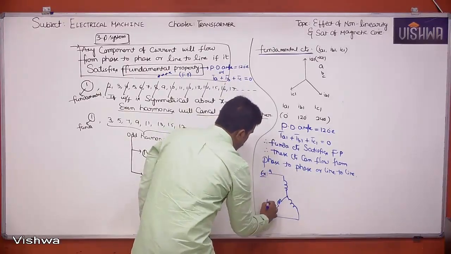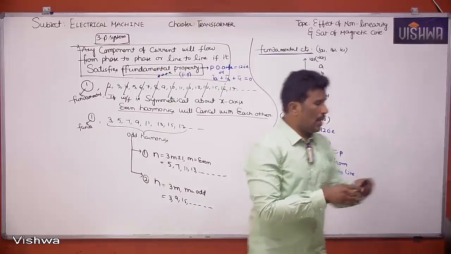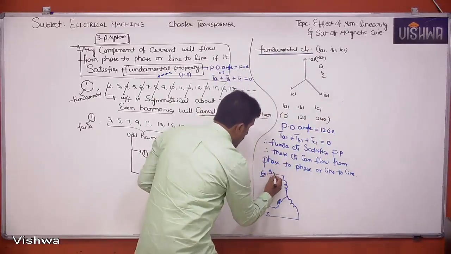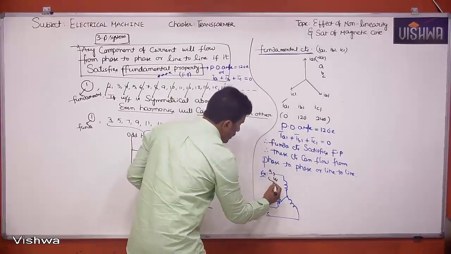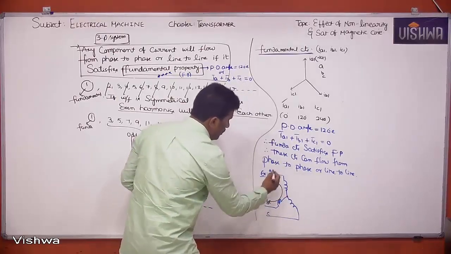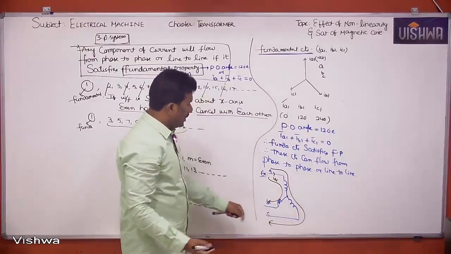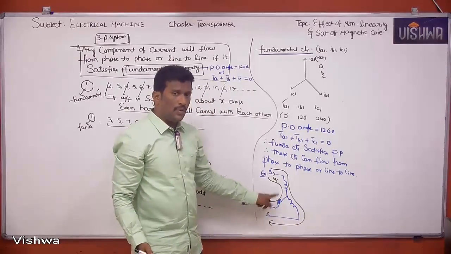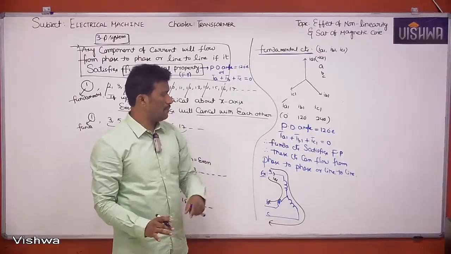Example, A phase, B phase, C phase. Taking IA1 current, it will flow from A to B, phase to phase. Similarly, it will flow from A phase to C phase. If you take IB1 also, it will flow from B to A and B to C. So flow is there because it is satisfying the fundamental property.